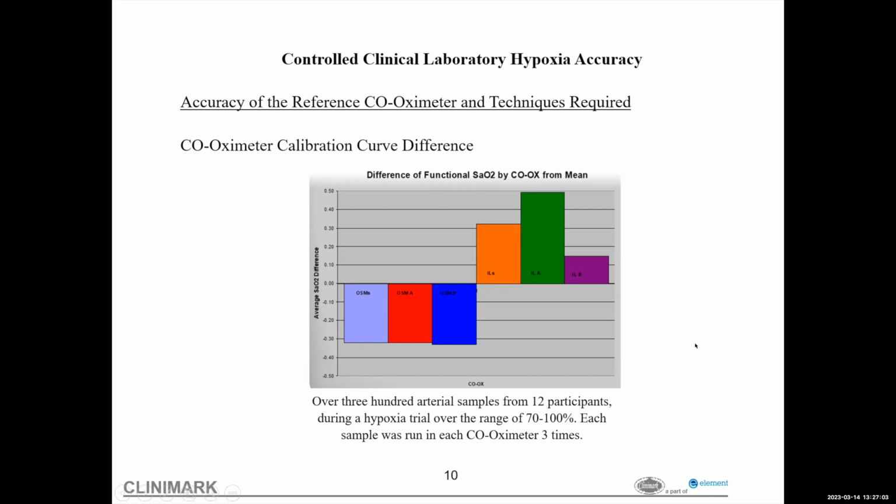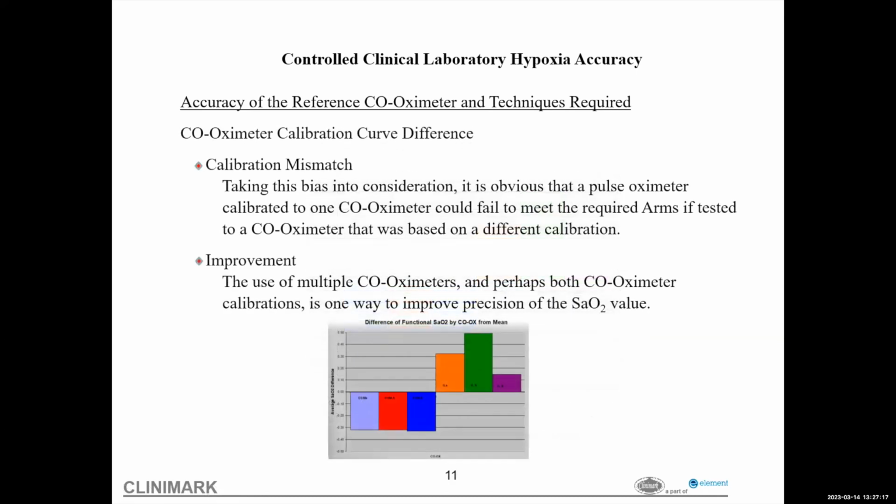What that means is, if you have a pulse oximeter that was calibrated to an IL and you test it in comparison to an OSM3, you already may have a 0.5% inaccuracy built in. So taking this bias into consideration, it's obvious that your pulse oximeter could fail if you use the wrong reference device.